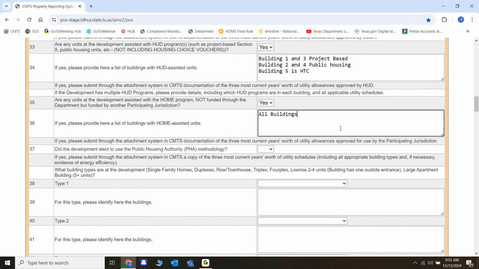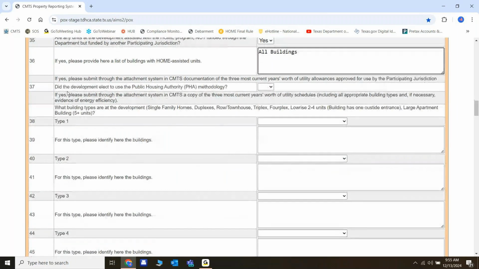Again, if it's not all buildings, it's just building 1 through 4, then we need to know what is going on in building 5, so you'll have to keep going. The next question is, did the development elect to use the Public Housing Authority methodology?